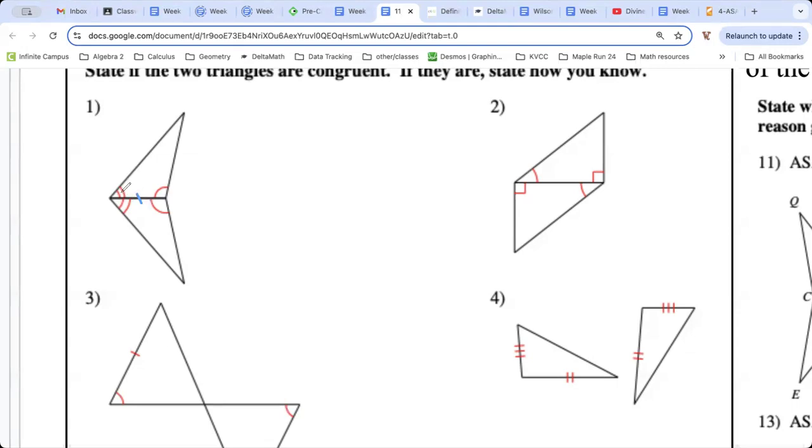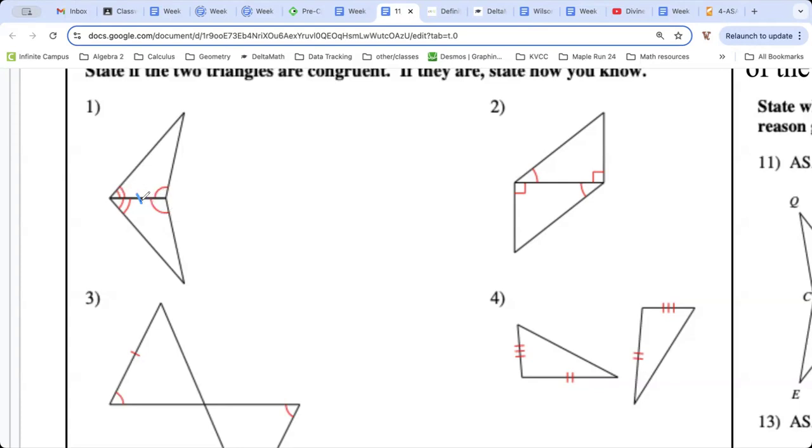So this angle, this side, and followed by this one marking angle: side angle side on the top triangle. And it follows exactly the same. Same can be said for the triangle down below. So two marking angle, one tick mark side, and one marking angle.